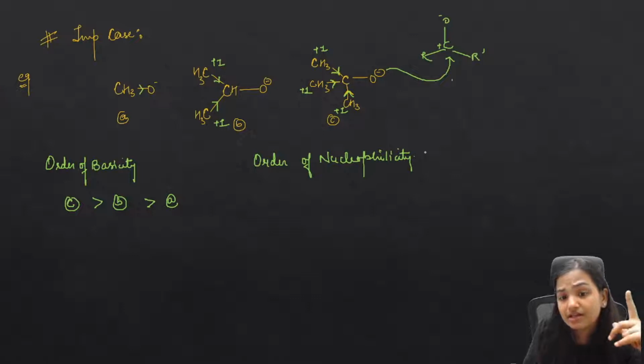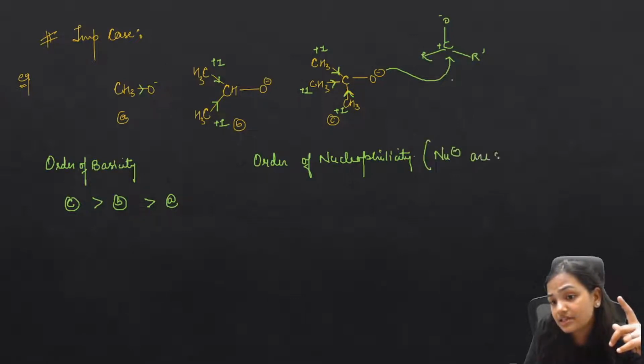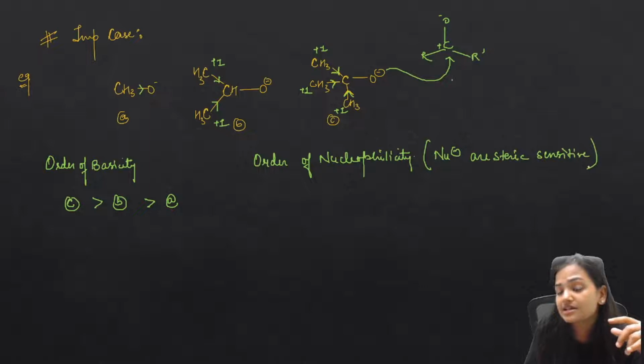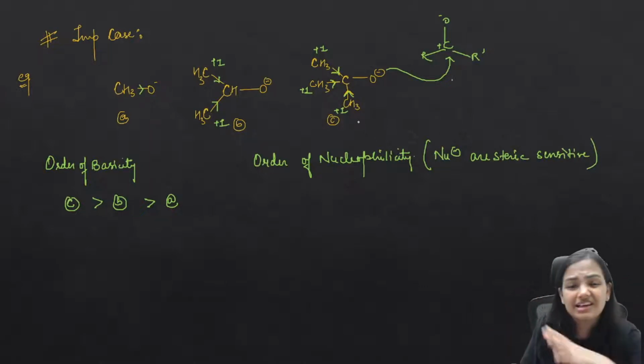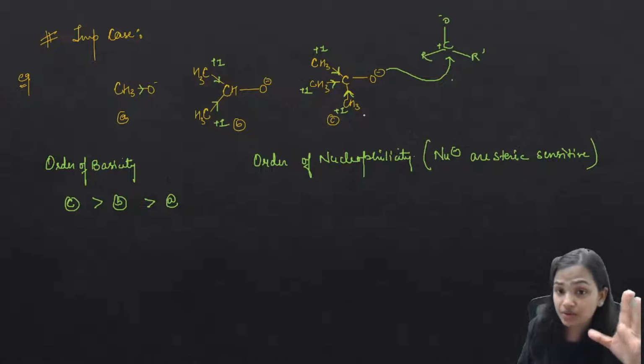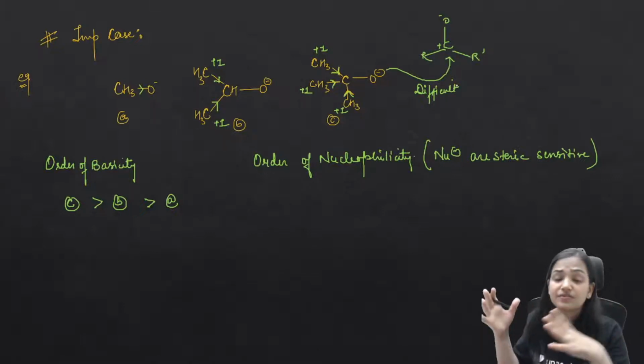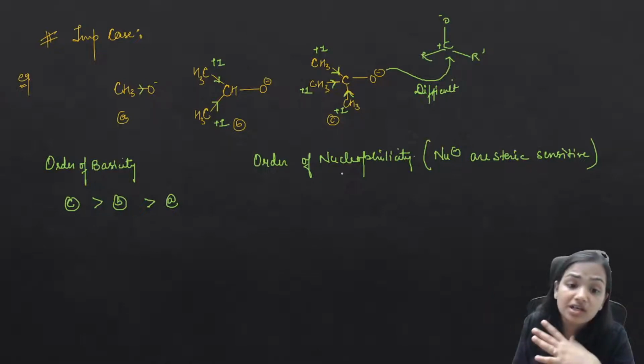Because they are bulky, they will have the steric problem. So we know that nucleophiles are steric sensitive. Because here we have a case of steric sensitiveness, this C can never be a good nucleophile. This attack is difficult, so we can say that this is a poor nucleophile.